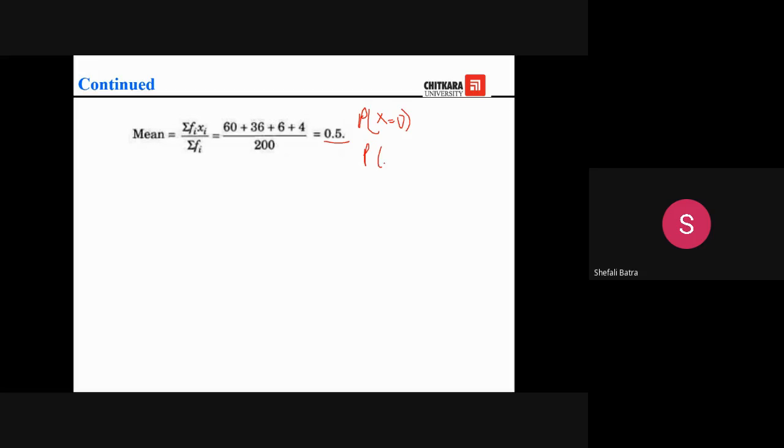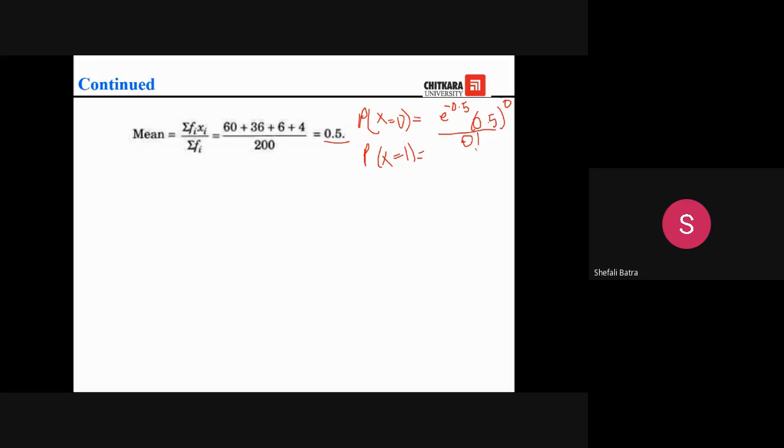Similarly, probability of x is equal to 1 and 2, 3, 4. Right? Whatever is required in your question. So you'll be using the formula e raised to power minus m. M is what? 0.5. And then 0.5 to the power x. X is what? 0, divided by 0 factorial.